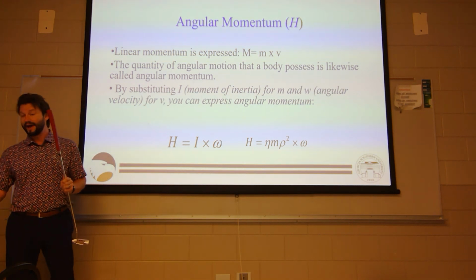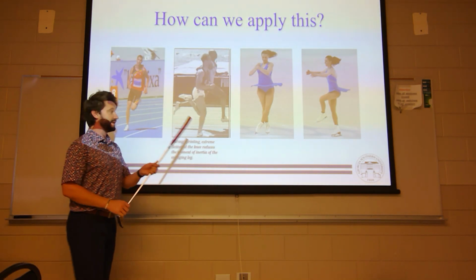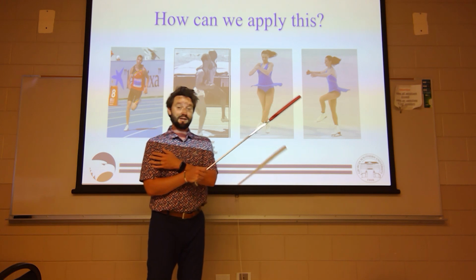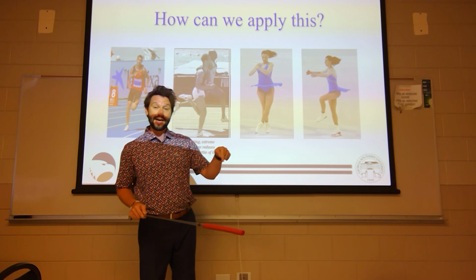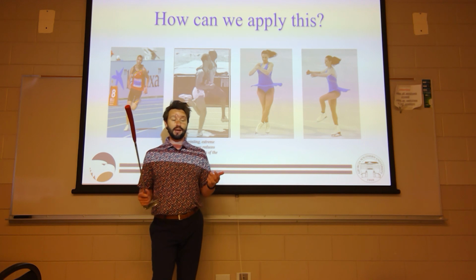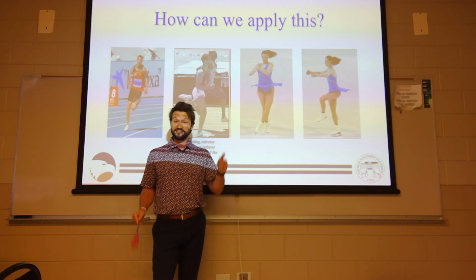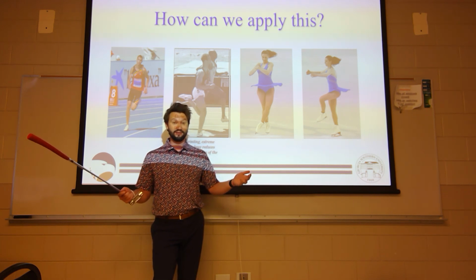So here we see that in this example. We talked about the figure skater. Everything tucks in, moment of inertia decreases. If that is decreasing and the overall momentum has to stay the same, what's the other variable that has to increase to compensate for that? Angular velocity. Okay.